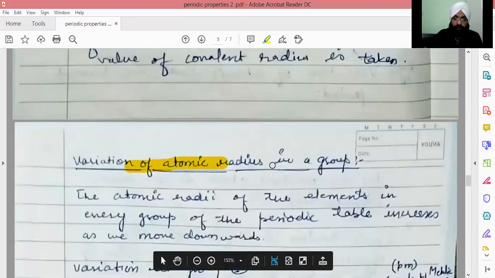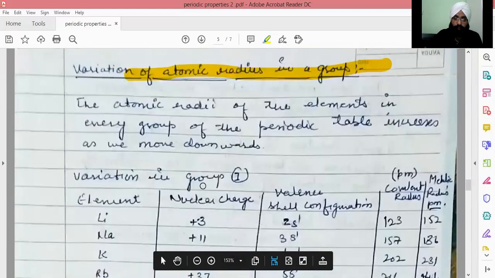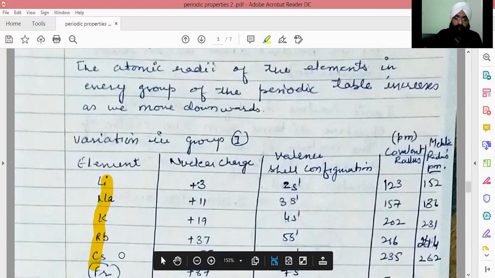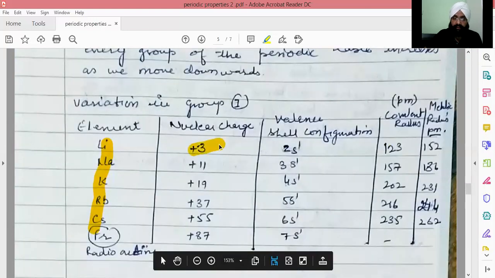Next is variation of atomic radius in a group. So we'll consider group 1: lithium, sodium, potassium, rubidium and cesium. The nuclear charge is increasing: atomic numbers, or numbers of protons, 3, 11, 19, 37, 55. And here the valence shell configuration shows an increase in the principal energy shell, which shows that the size of the atom increases, and hence the atomic radius increases down the group, as shown here: 123, 157, 202, 216, 235.